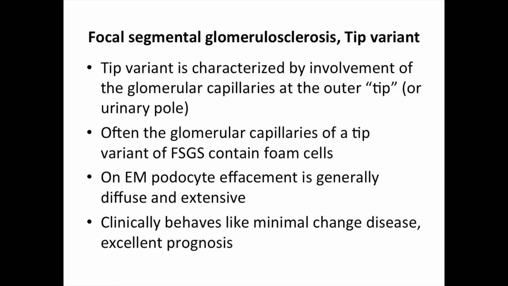And why is that? Because this generally has a very good prognosis. Clinically the disease has a very good prognosis, so it has to be pure for us to call it a tip variant of FSGS. All right. And we talked about all of this, and clinically it behaves like minimal change disease with excellent prognosis.